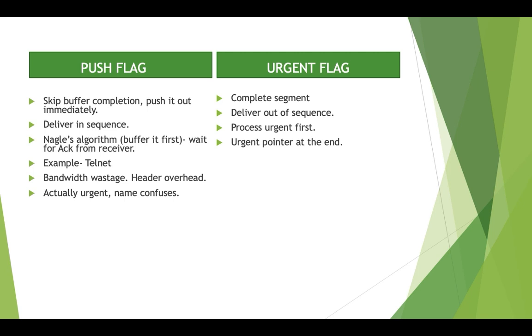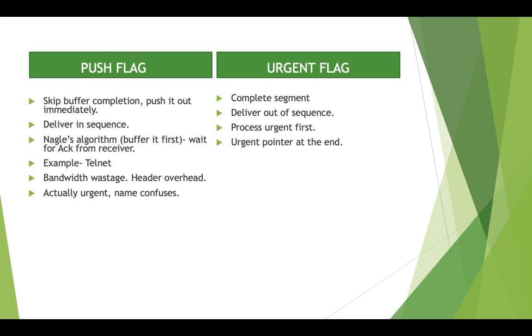Then that completed segment goes to the network layer, then to the data link, then to the physical layer of the sender. Then from there, it goes to the receiver side physical layer, then data link layer, then network layer, then the transport layer. Till that point of time, there is no urgency at all in the data. It goes normally as it should. So that is a very important point to remember here.